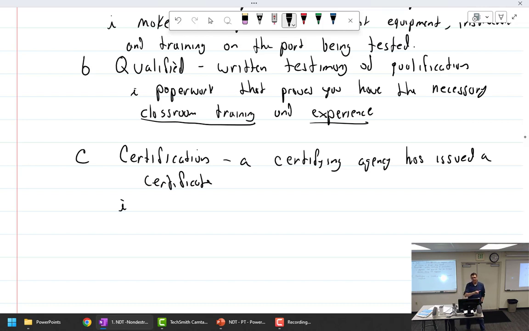You can be qualified but not certified. What if you're the other way around? Then, well, fraud. Then fraud was committed. Because if you got certified without qualifications, then it's fraud.